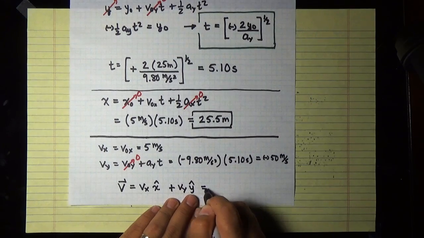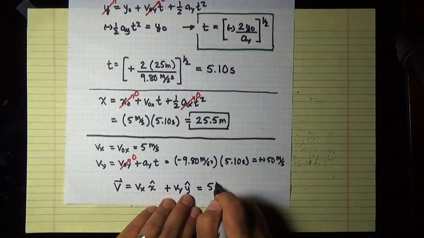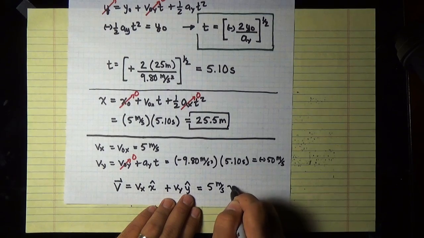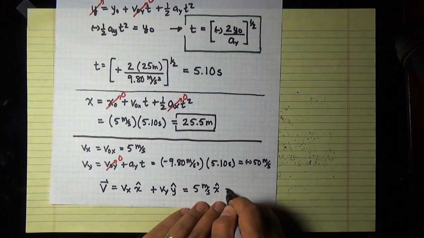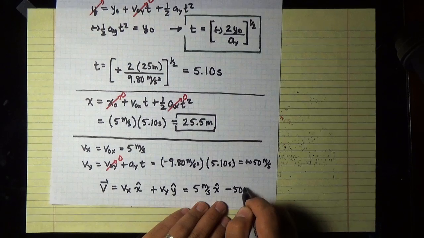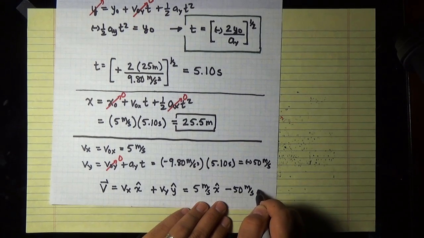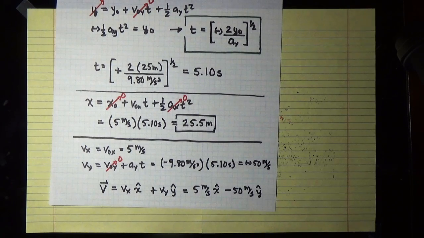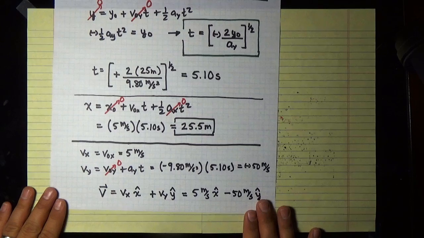And so this ends up being 5 meters per second x hat minus 50 meters per second y hat. Okay, so that's the complete kinematic solution for the projectile motion of the monster emerging from the cliff.